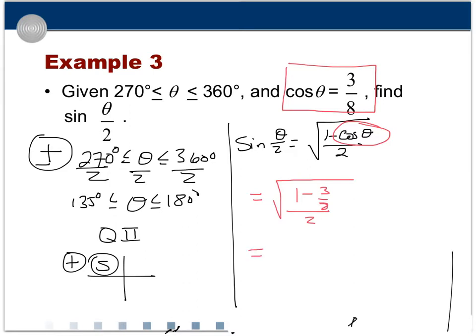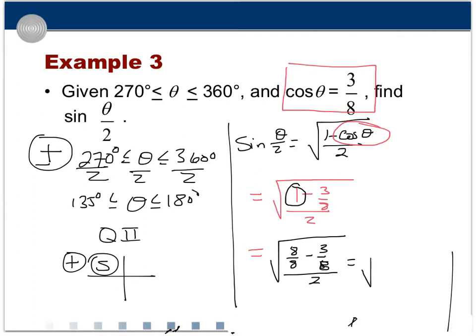So how do we manipulate the inside? The first thing I'm going to do is get a common denominator. I'm going to just work on the top part of the fraction, which is 1 minus 3/8. That's the same as 8/8 minus 3/8, all divided by 2.